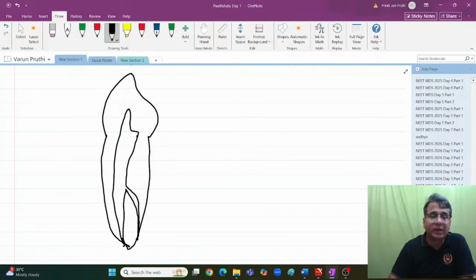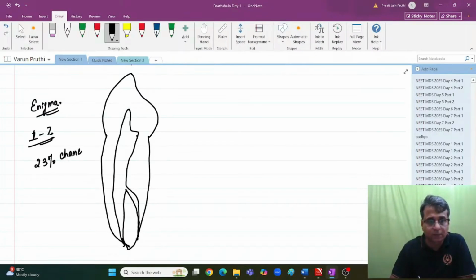That's why the mandibular first premolar, as you all know, is known as the enigma to the endodontist. This is known as the 1-2 pattern. 1-2 pattern means type 4 pattern. Almost 23% chances of getting this.